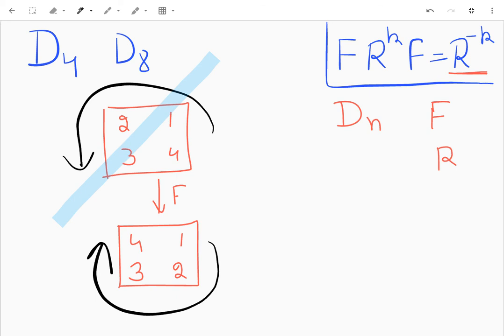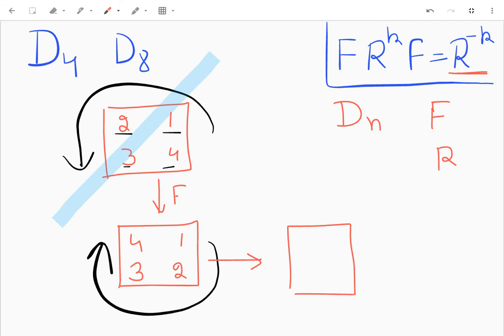I take it anti-clockwise, you can take it clockwise first, and then whatever, doesn't matter. Okay, and what a flip does is that it reverses the order of these numbers, right? It reverses the order.